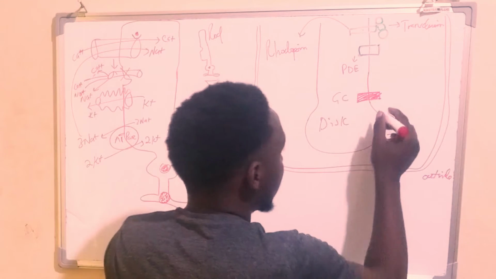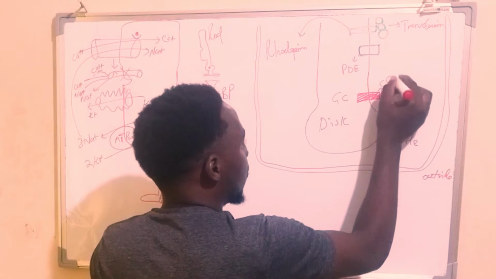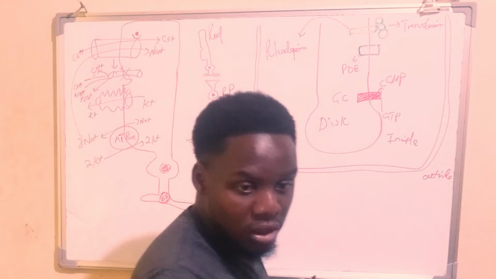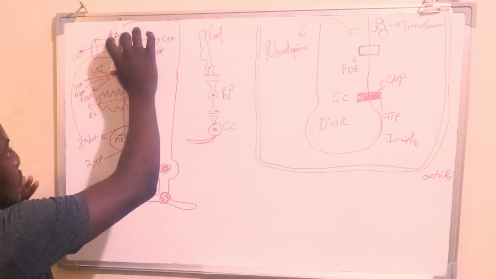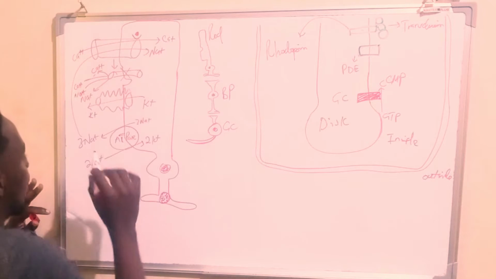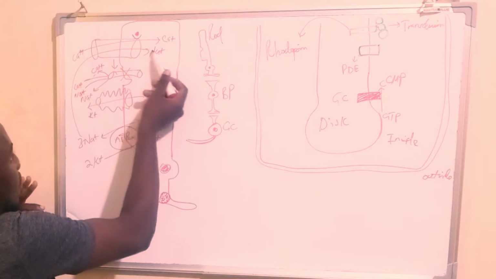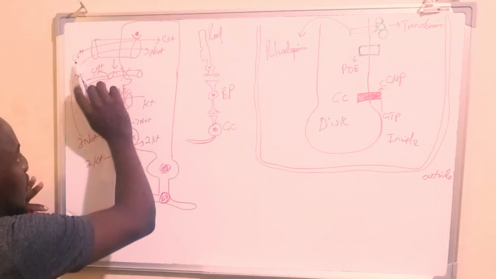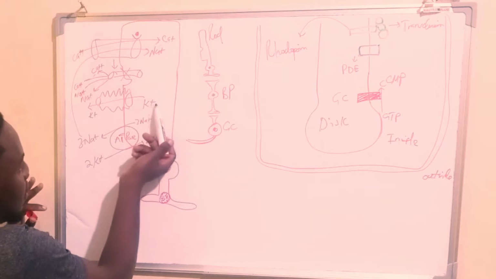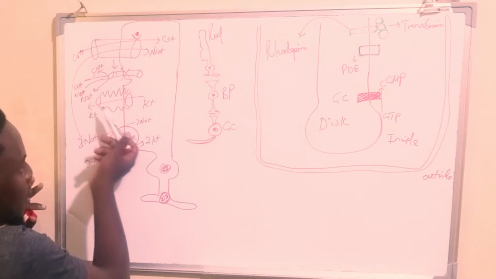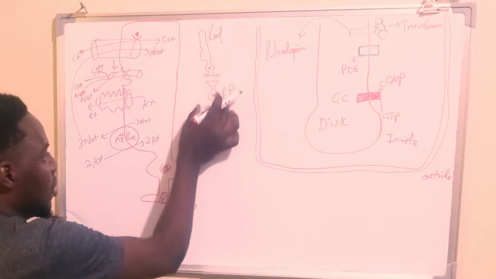And I said this one converts GTP to cyclic guanosine monophosphate, which in the dark increases and binds onto these cyclic guanosine monophosphate gated channels, thereby allowing sodium that leaked out from the inner segment to go back into the cell through the outer segment and through this channel there, as calcium also enters while potassium ions are leaking out through these non-gated channels, depolarizing the cell, leading to the release of neurotransmitter on the bipolar cells.